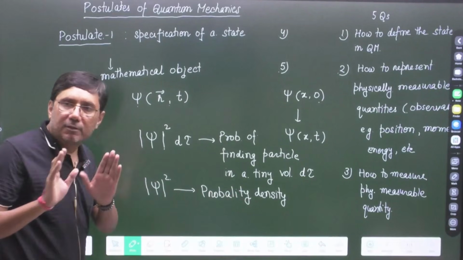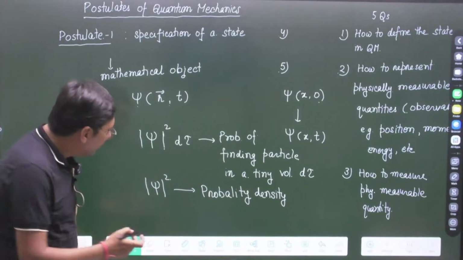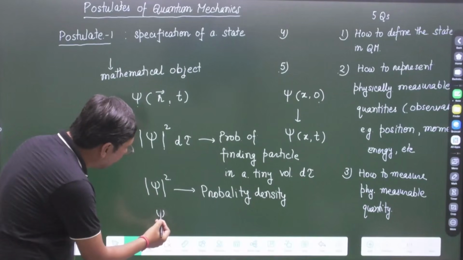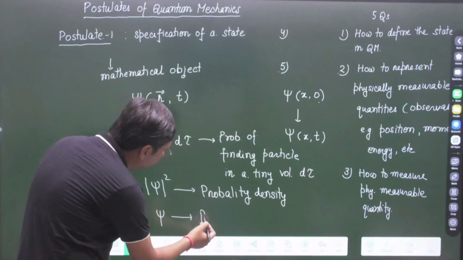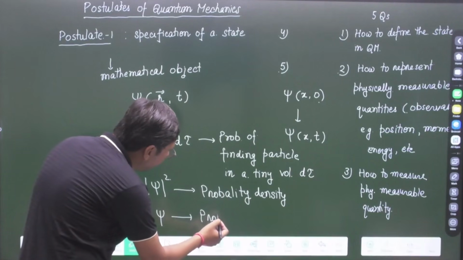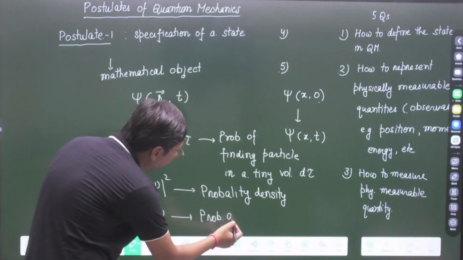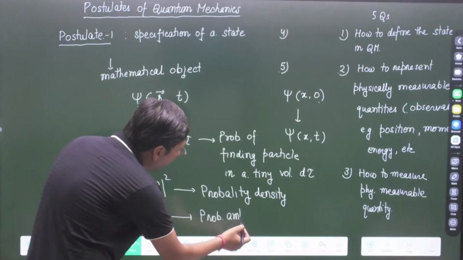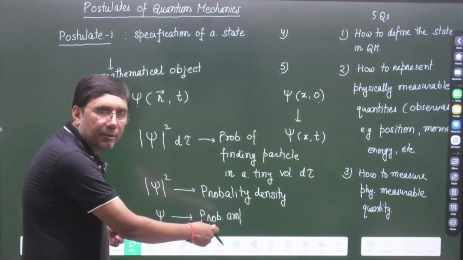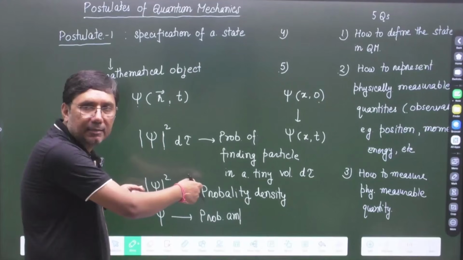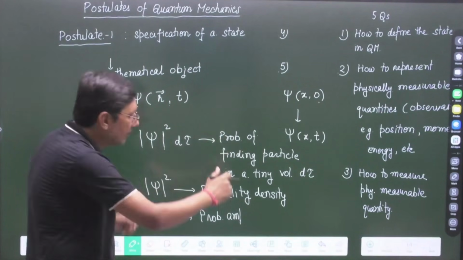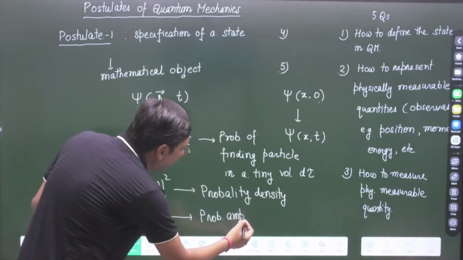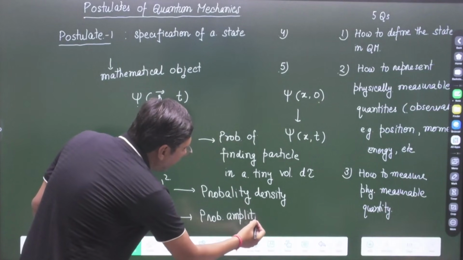Some people, not in all books, call this psi probability amplitude. So you make the square of this amplitude, this gives you probability density, and you multiply this by volume, that will give you the probability.